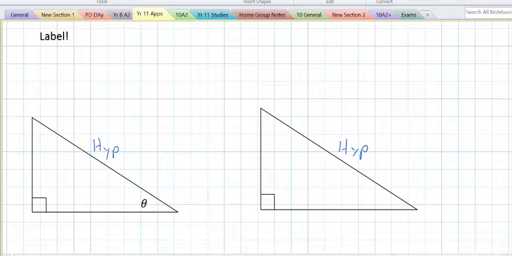So basically the hypotenuse is always opposite the right angle. Then look at the angle. Whichever side is next to the angle, or adjacent to that angle, becomes the adjacent. Whichever side is opposite it, so directly opposite like this, becomes the opposite.